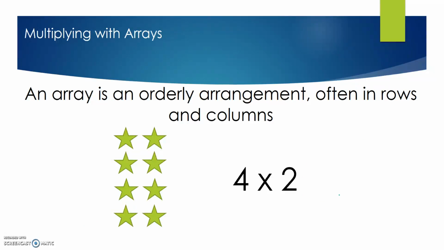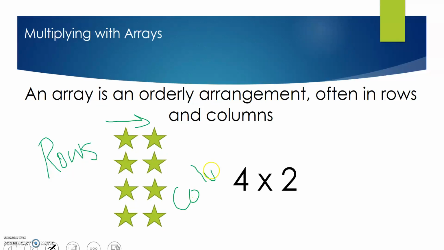If I had the problem 4 times 2, like I do here, I can use rows that go across and columns that go up and down to arrange my items in my multiplication sentence.